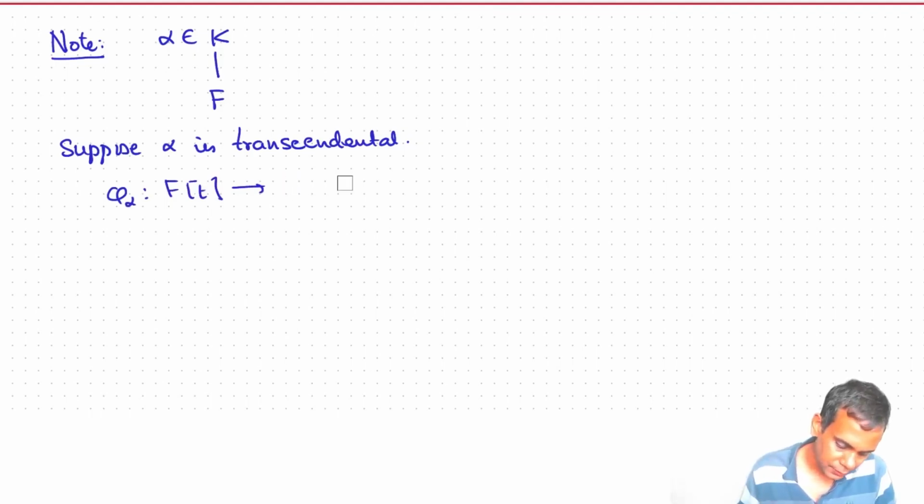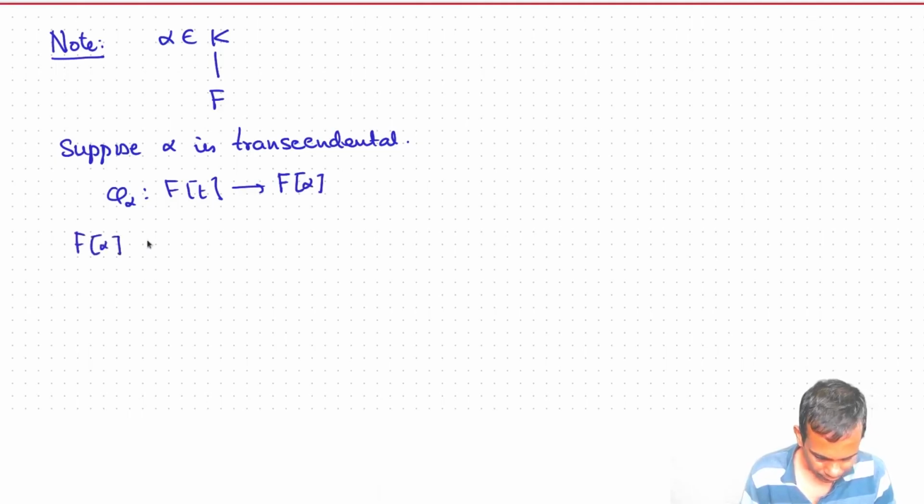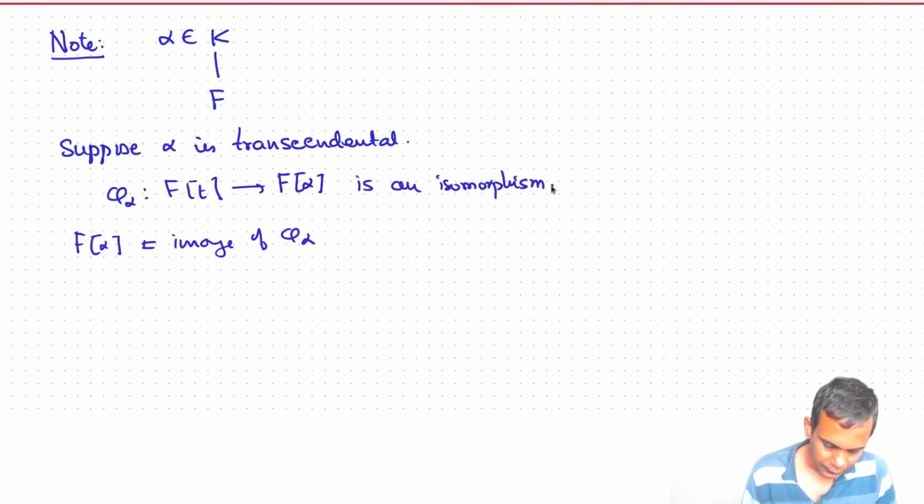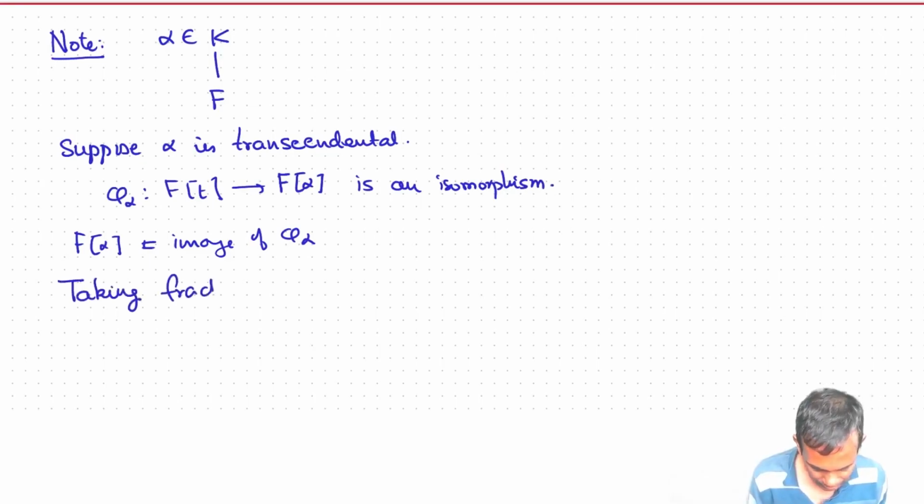And in fact, if we define the image to again be F[alpha], then this is an isomorphism. And so taking fraction fields, F(t) is actually isomorphic to F(alpha).